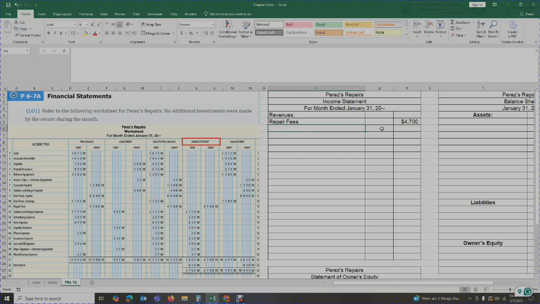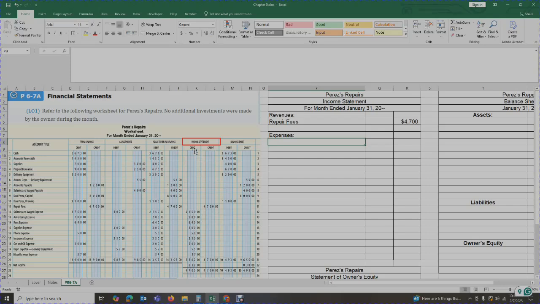Remember, if you have multiple accounts that you need to add, you bring them to the first column, add them together, and take the total to the second column. On the second column, you should only have the grand totals. So we only have one revenue account. We brought it in, repair fees, so we have it right there. Now, below that, you're going to have all of your expense accounts.